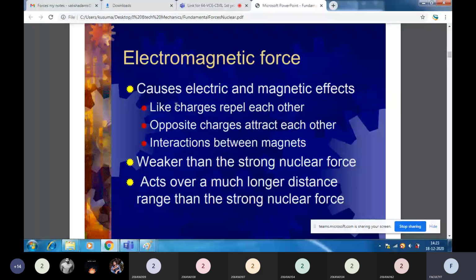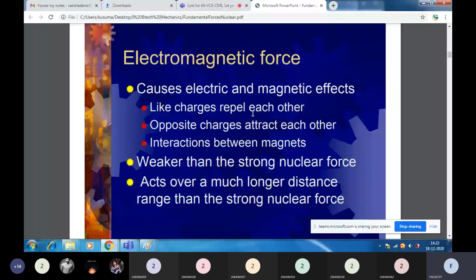There will be some force of repulsion. If you take opposite charges, what happens? There will be a force of attraction. That force depending on these particular charges will be considered under electromagnetic forces. Here the point to consider is that under like charges there will be a repulsive force.